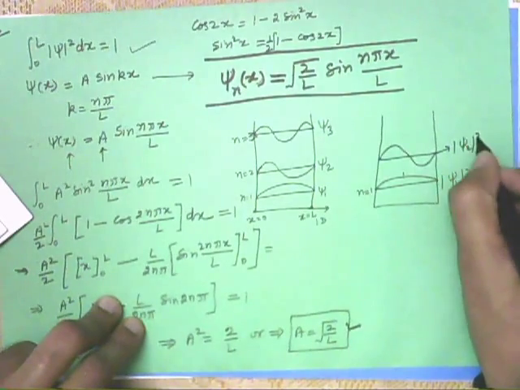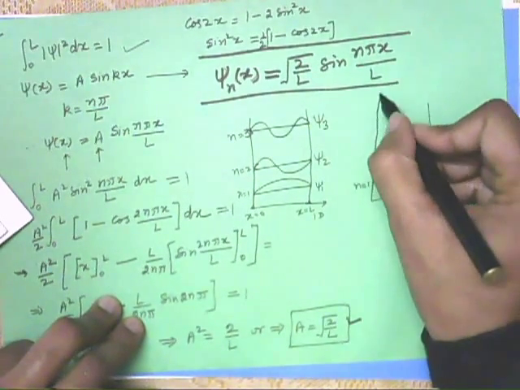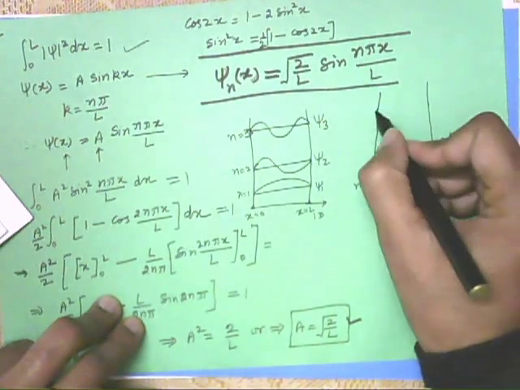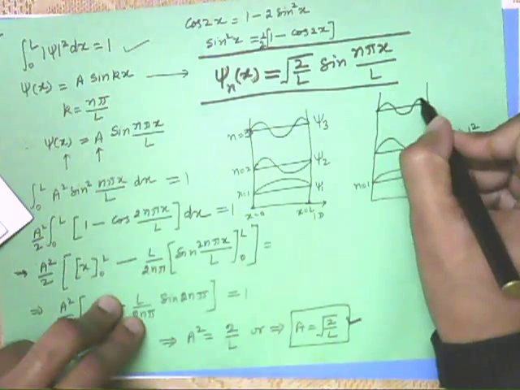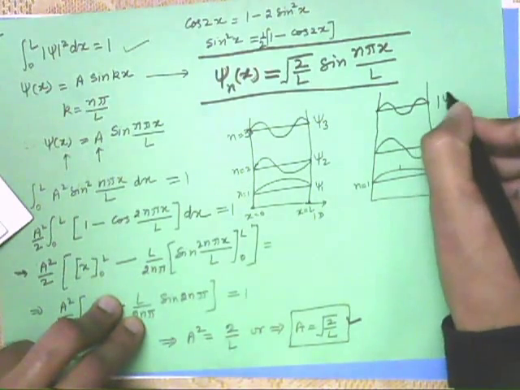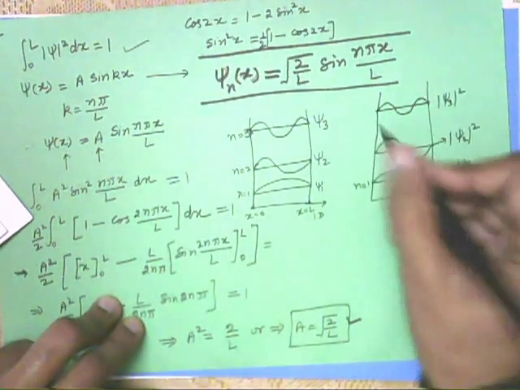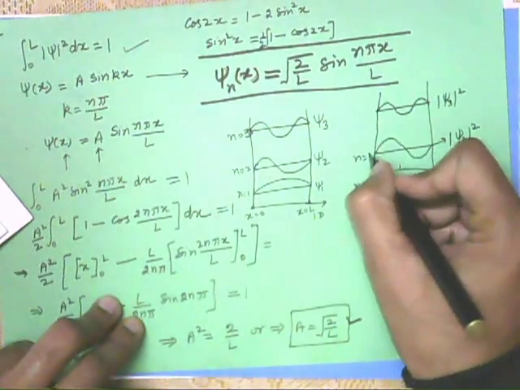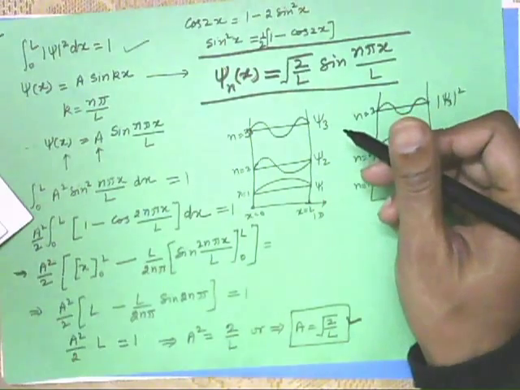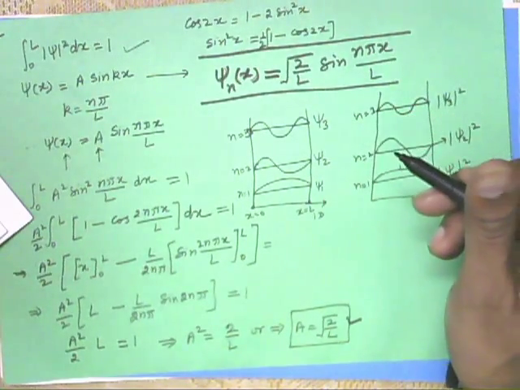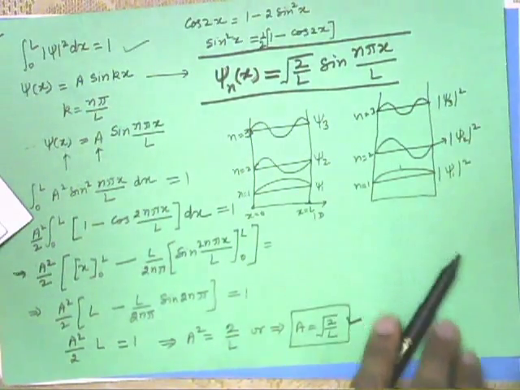This is mod psi 2 square, and one more here is psi 3 square. N is equal to 2, n is equal to 3. So these things correspond to the particle in a box.